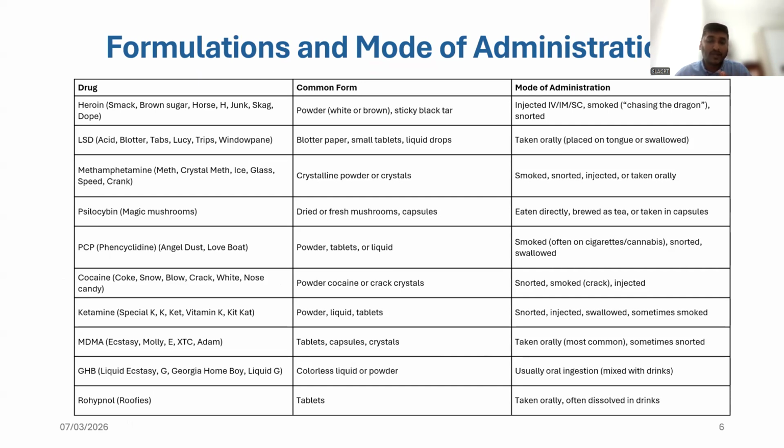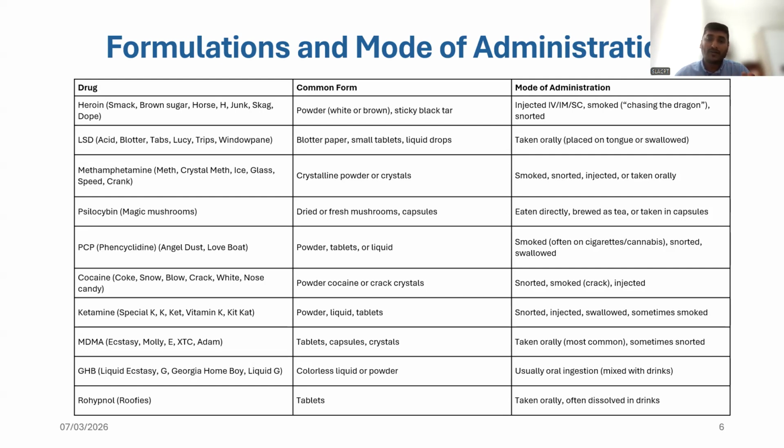One way is to go through the circumstantial evidence that they have. The patient may have the recreational drug in the form in which it is available. For example, ice can be a crystalline powder or crystals. In this table you can see the drugs and the common formulation, how they are available, and how they are administered by the drug user.